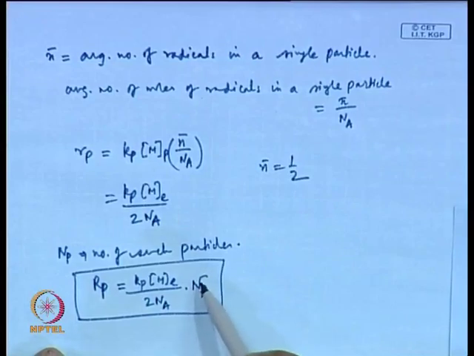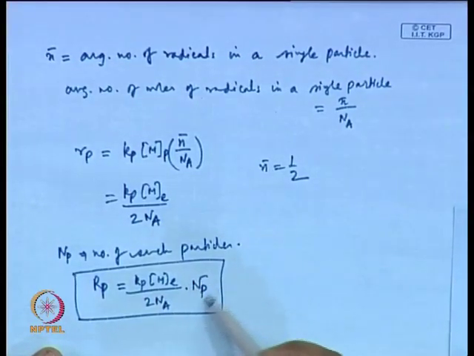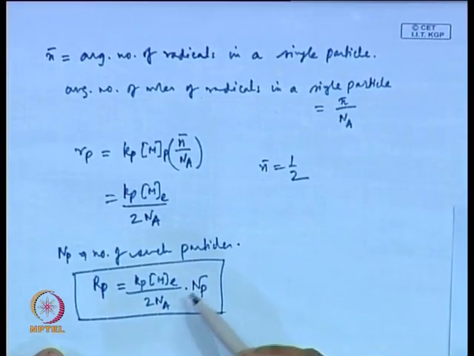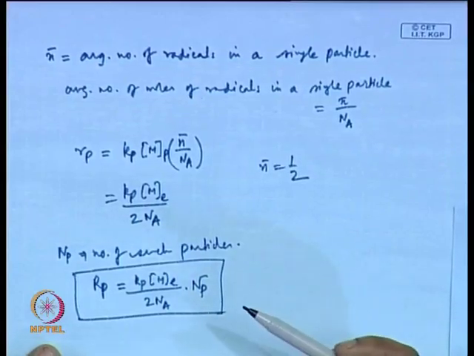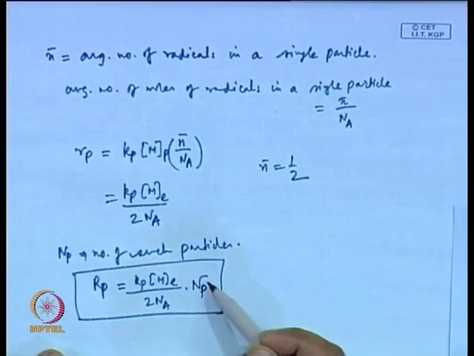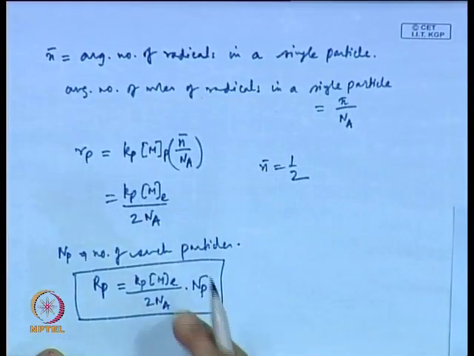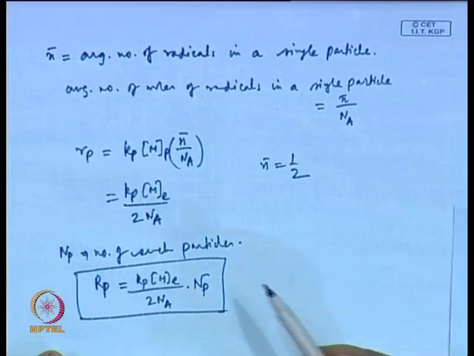That can be increased by increasing the surfactant concentration, or the number of micelles. If you increase the number of micelles, then it is likely that more micelles take part in polymerization compared to a situation where you have fewer micelles. So, by increasing the surfactant concentration, you increase Np, and then you increase the rate of polymerization.